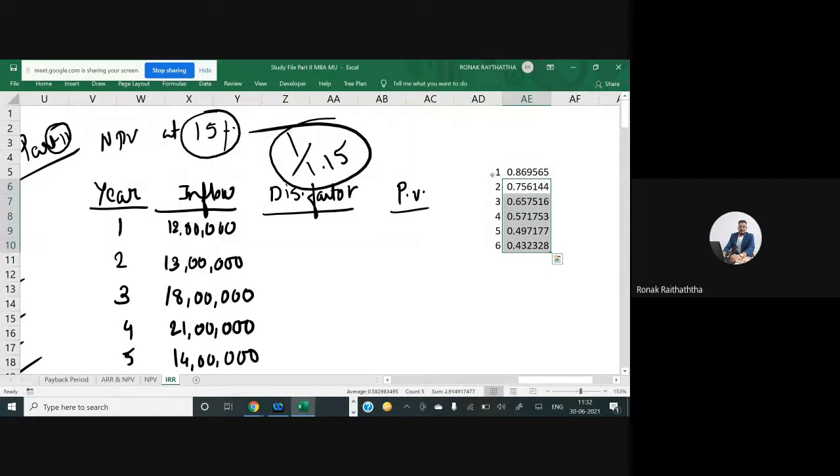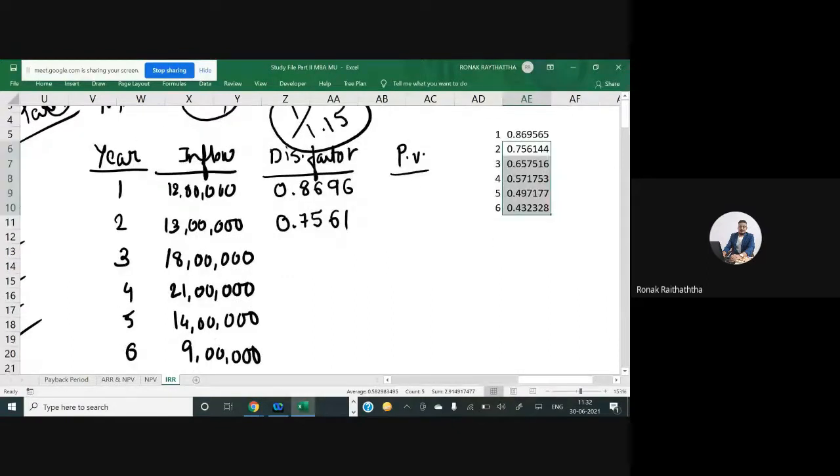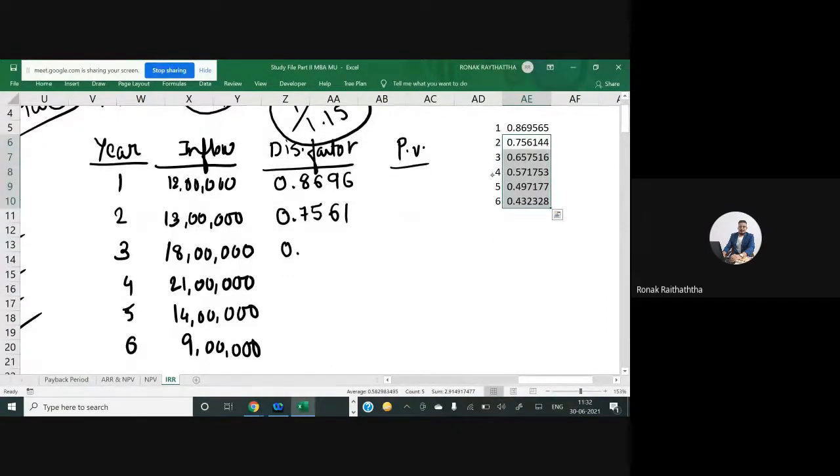Okay, so the first discounting factor is 0.8696, then 0.7561, then the next one is 0.6575, then 0.5717, 0.4972, 0.4323.